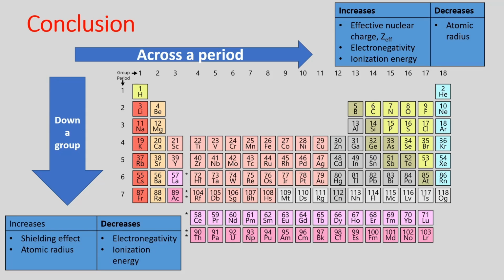Down a group, shielding effects bertambah and atomic radius pun bertambah, but electronegativity, ionization energy berkurang. So tulis this. This one is easy for you guys to refer kalau nak cepat. And nak hafal pun hafal this one je. The explanation we will see how we will explain later.